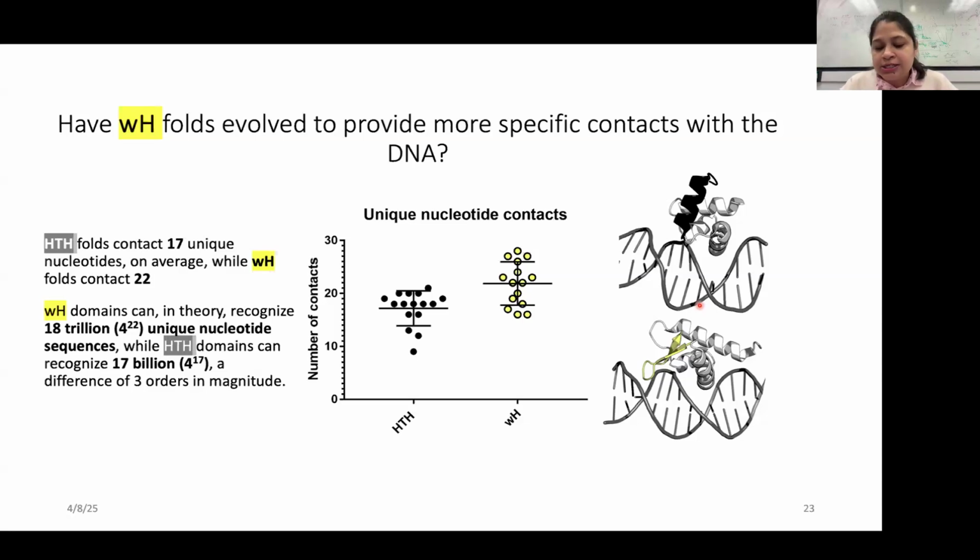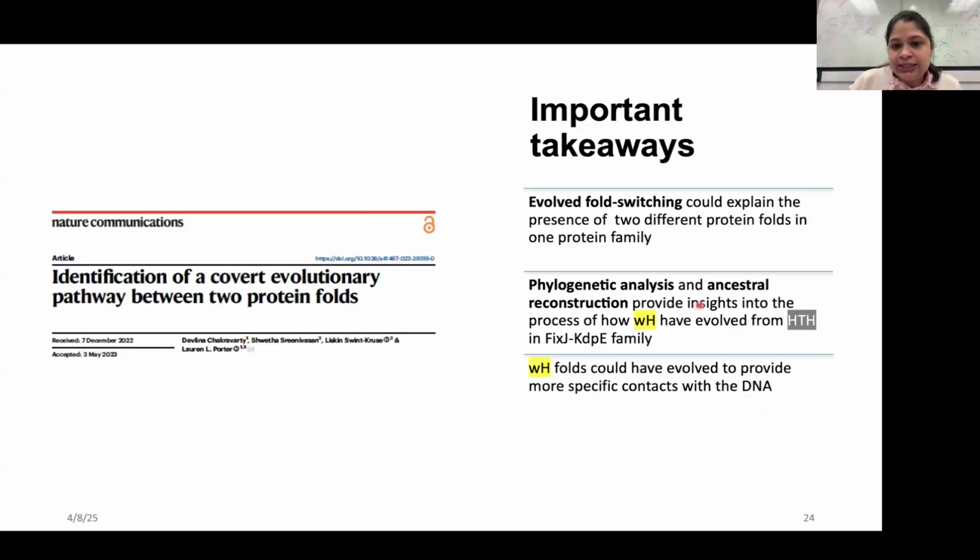But coming back to the question, is this something that we have observed in this particular family? What have other groups seen? And how does fold switching occur in other protein families? So I will talk about that in a few slides. I'm jumping the gun here, but here again, the important takeaway is that evolved fold switching could explain the presence of two different protein folds in a protein family.